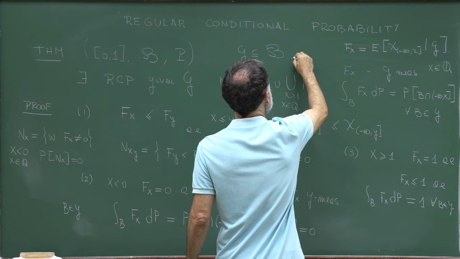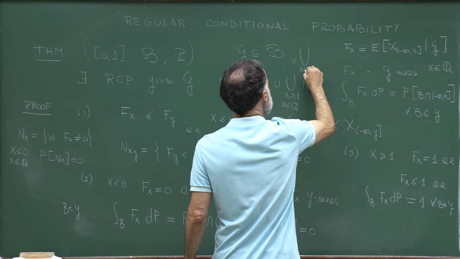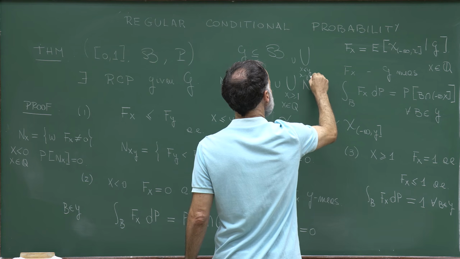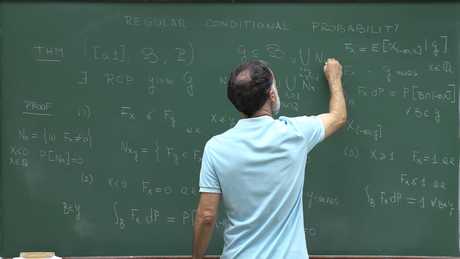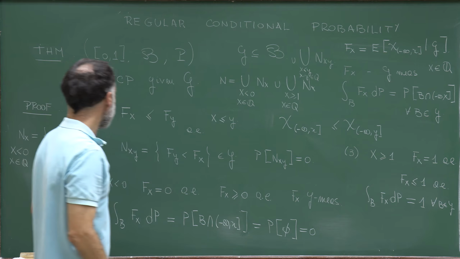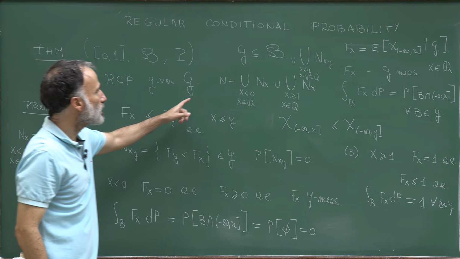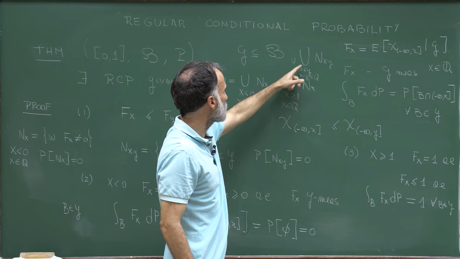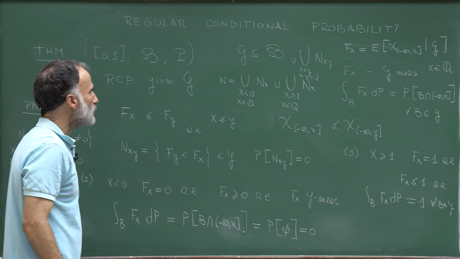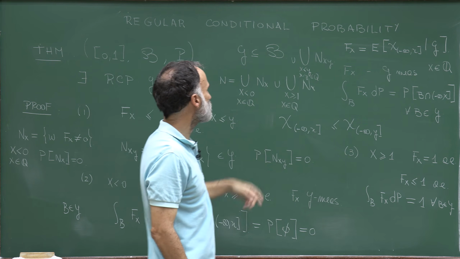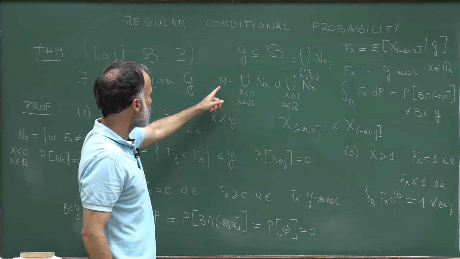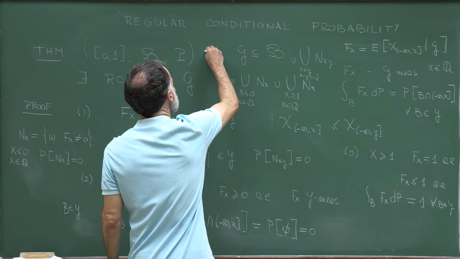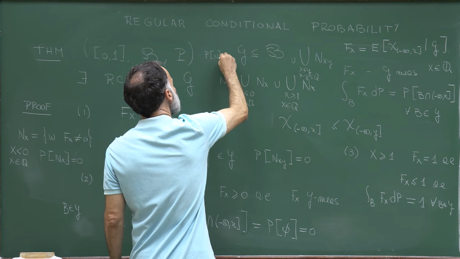And the union for x less than y, x and y rational numbers, of nxy, where nxy is defined here. So if I take n as the union of these three classes of sets, you observe that we are taking a countable union, and all these sets in this countable union have measure 0, which means that n is measurable and its measure is equal to 0. So the probability of n is equal to 0.